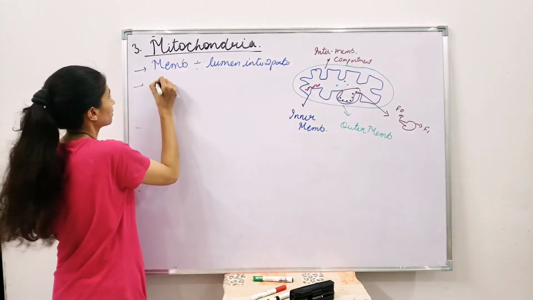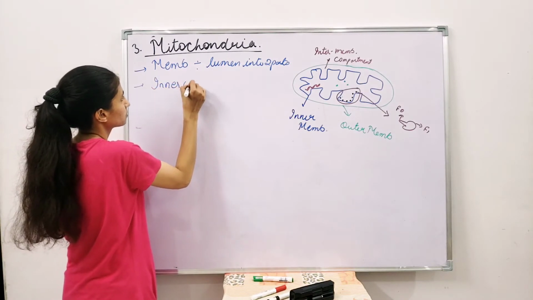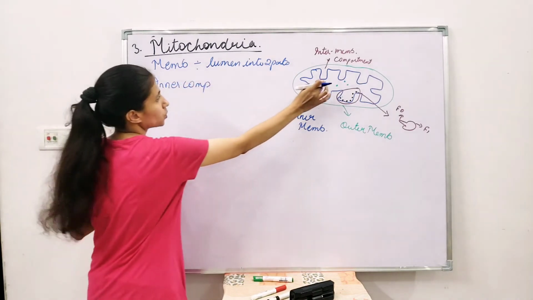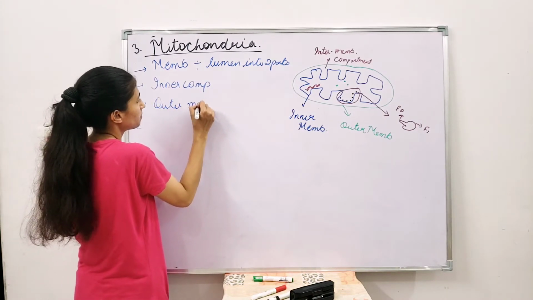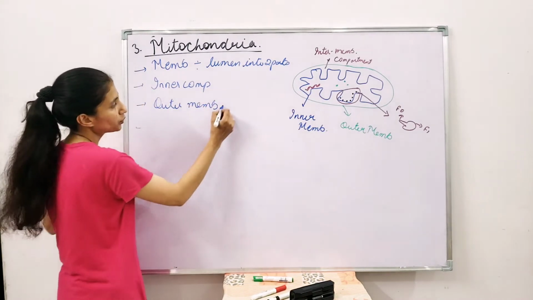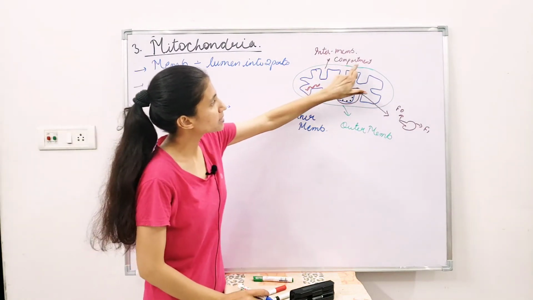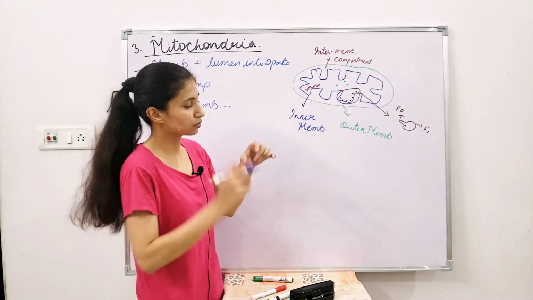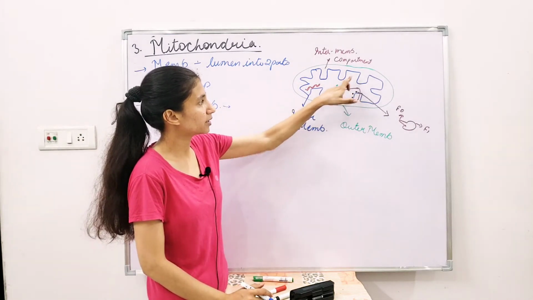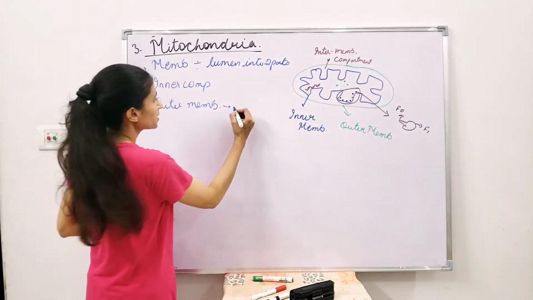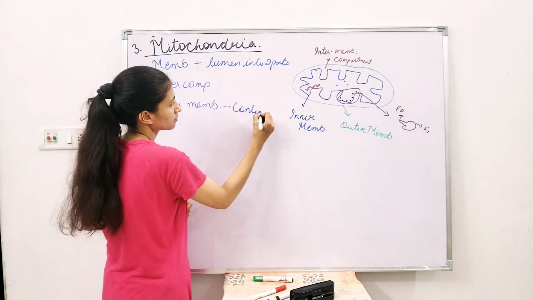Just look at it. Inner compartment, this one, and your outer membrane. If you look at the outer membrane, you will see that the outer membrane is continuous, which means there are no foldings, unlike the structure of the inner membrane. So this outer membrane is continuous.